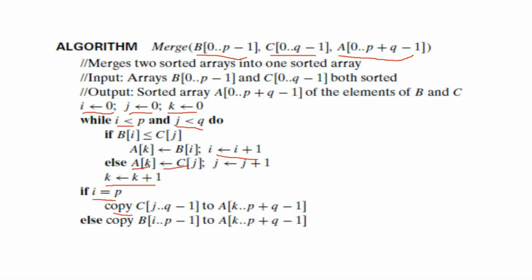Which index? We are using the k. So A of k is assigned the value of B of I.